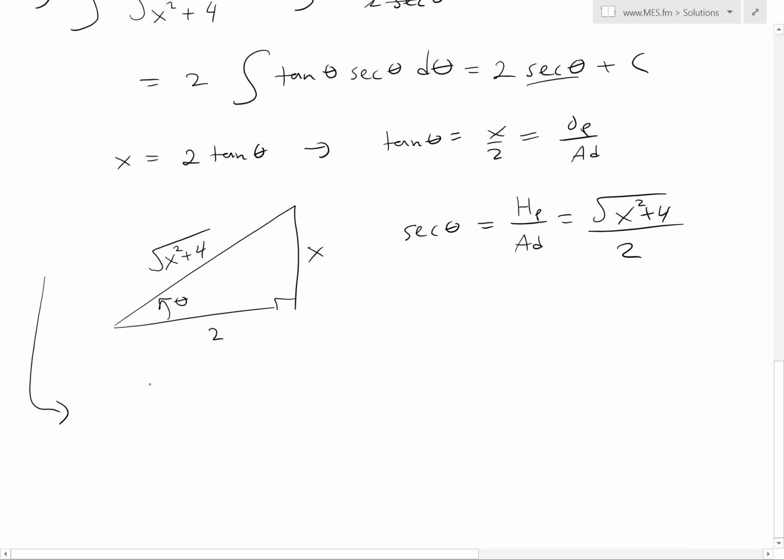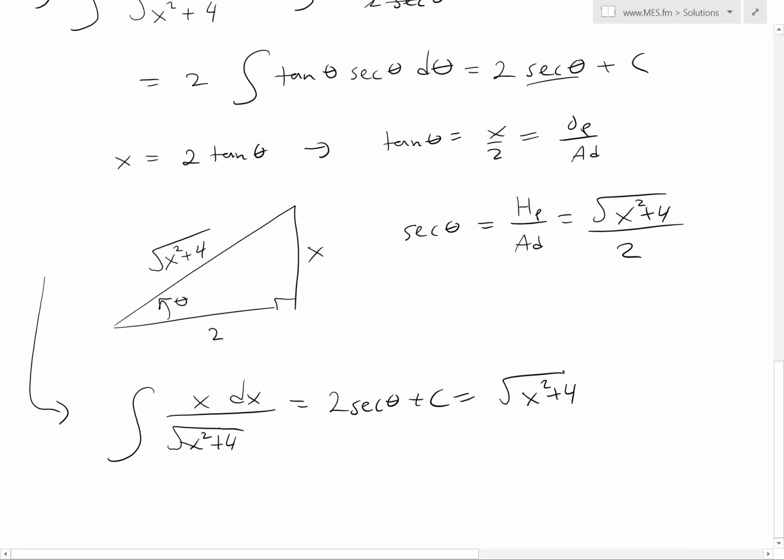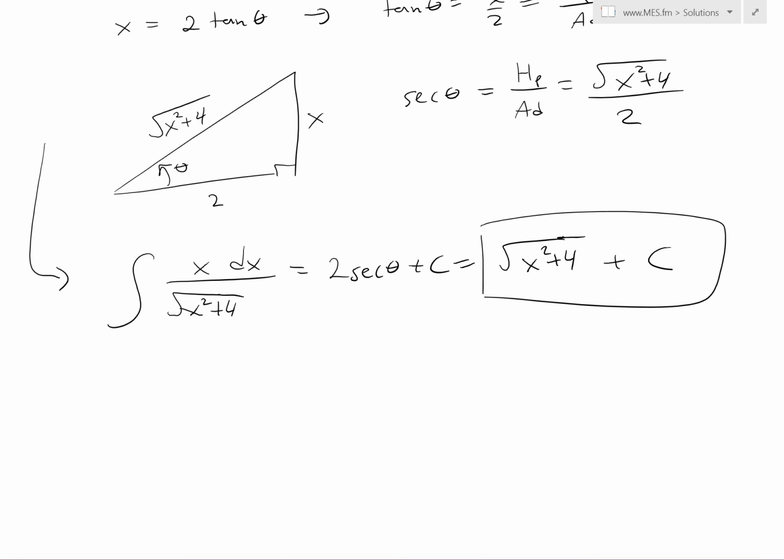If we plug all this inside, the integral of x dx over the square root of x squared plus 4 equals 2 secant theta plus c, which equals 2 times this part right here. So the 2's cancel, and we're just left with the square root of x squared plus 4, plus c. So there is our answer.